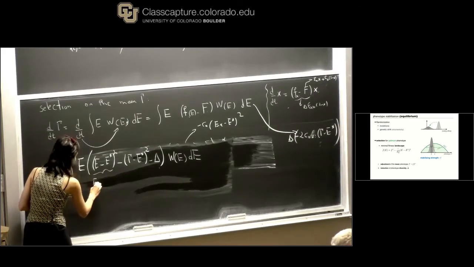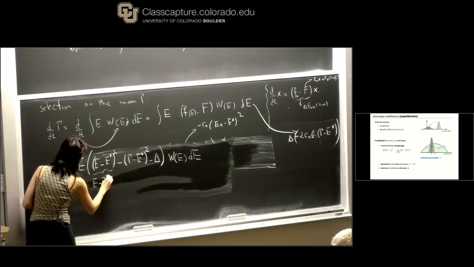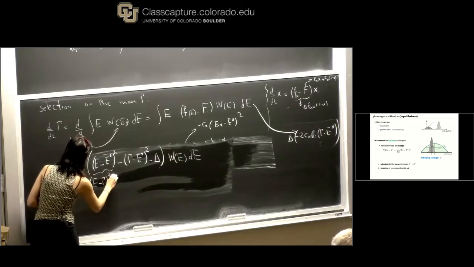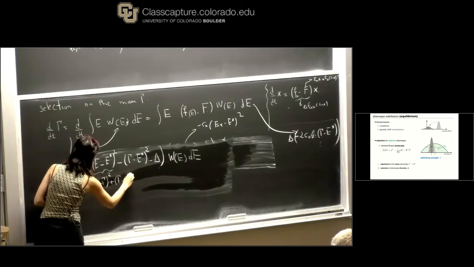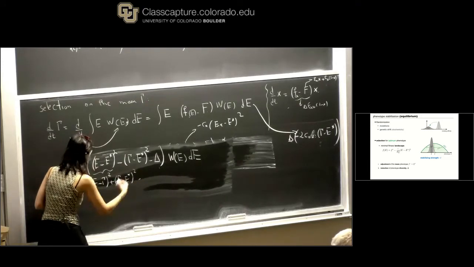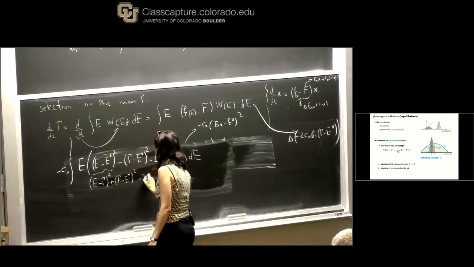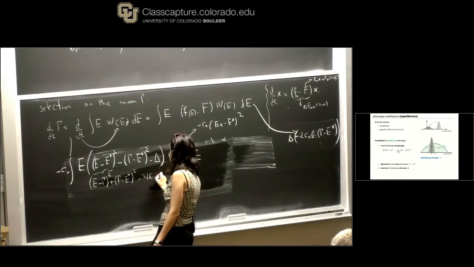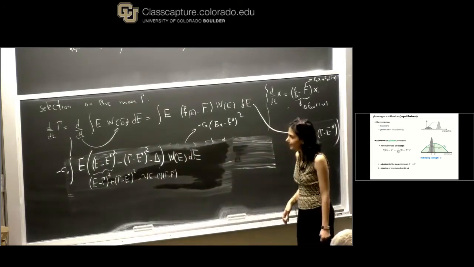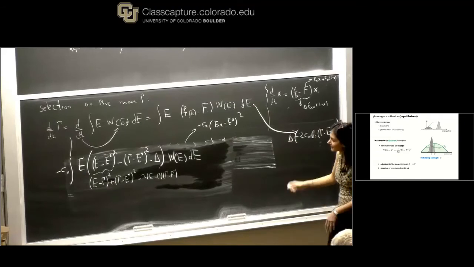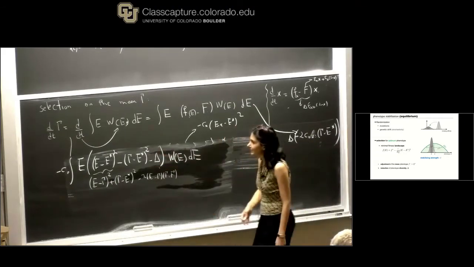So this would be E minus gamma squared plus gamma minus E star squared minus 2 E minus gamma minus E star. So you sort of do all these tricks. I mean, then you basically get the solutions.